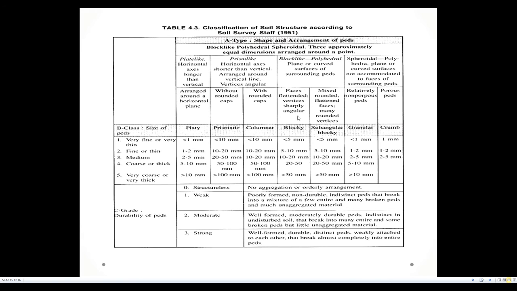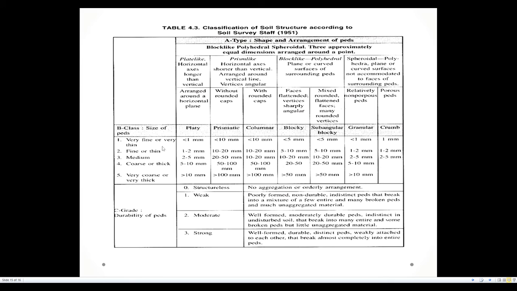In block like it is blocky, with faces flattened, and subangular blocky, which is mixed rounded. In spheroidal shape, the first one is granular, relatively non-porous peds, and the other is crumb, porous peds. So they are classified into classes, like first very fine or very thin.